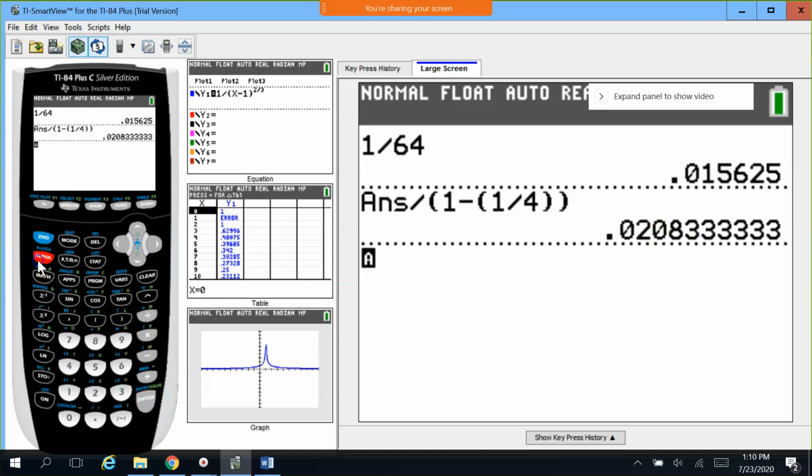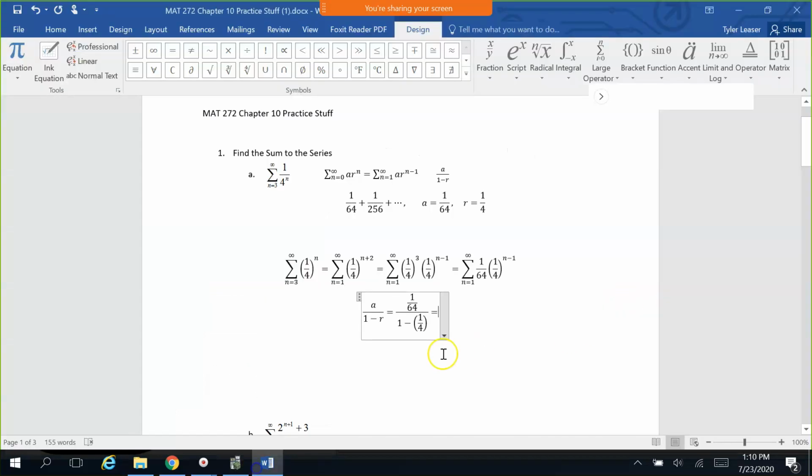We get some awful decimal, but if I switch this back over to a fraction, 1 over 48. So that should be the answer for part A here. The sum of the series 1/4 to the n starting at 3 comes out to be 1 over 48.